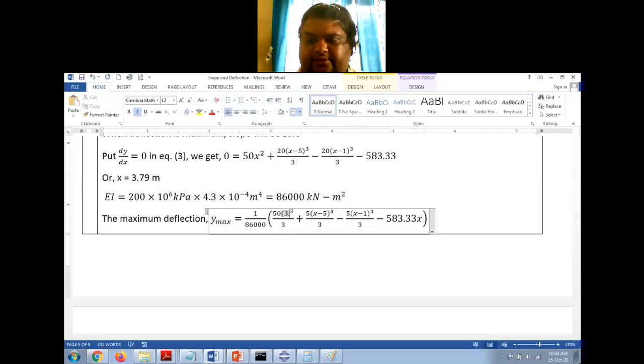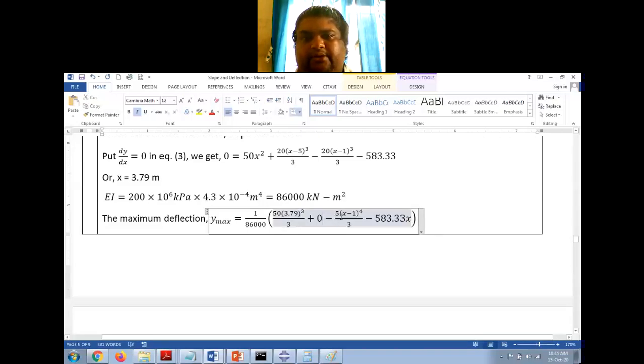Now put x as 3.79. Can someone please calculate this? This will become 0 because x is less than 5. So this term we have to drop it. This will remain 3.79 minus 1, and this value will be 3.79. The deflection you get will be in meter.